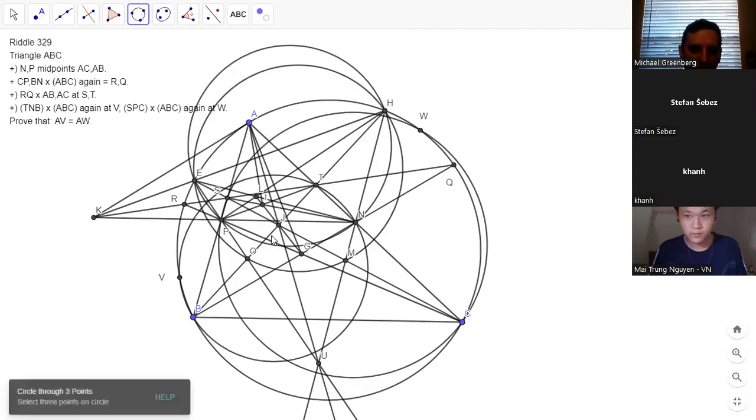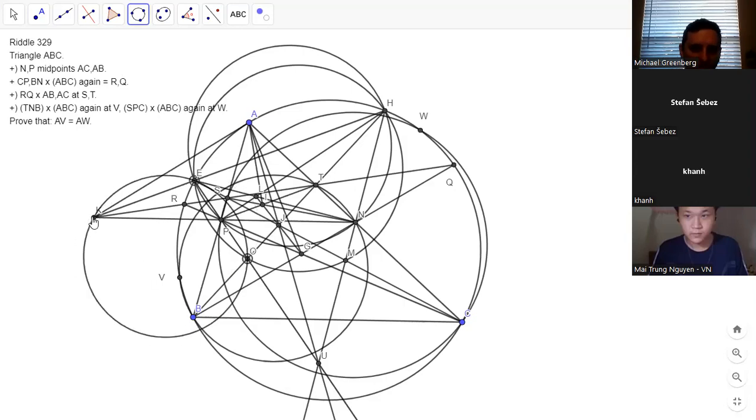So let's see. Is there any other circle? Oh, sorry. Yeah, I don't see any other circle going through here. Oh, maybe we don't need to show that EPNH is cyclic.